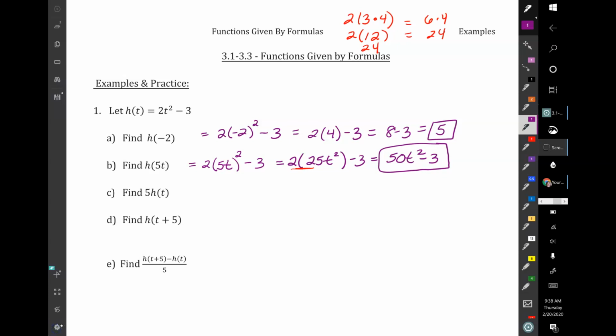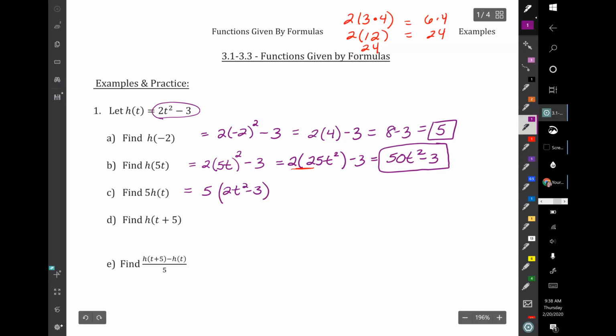Okay, 1c, find 5 times h of t. So now I am going to take the number 5, put a big parenthesis there, and write my entire function, 2t squared minus 3, in the parentheses. And now this one I will distribute because it's over subtraction. So I want to do 5 times 2t squared.